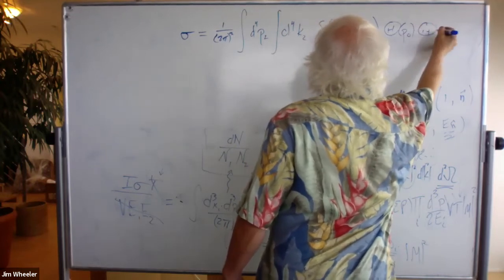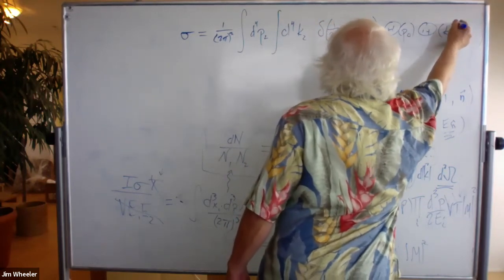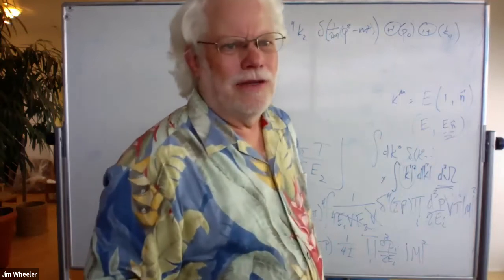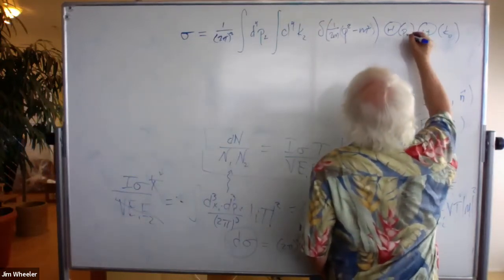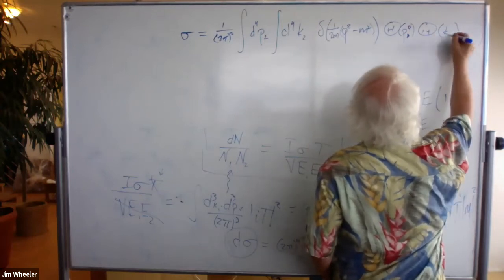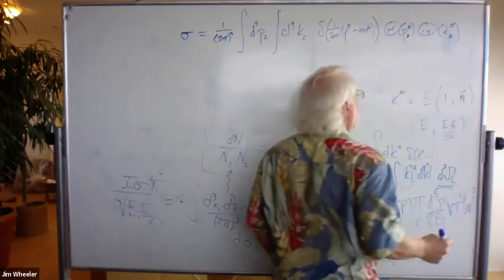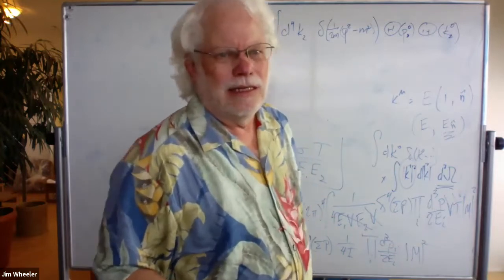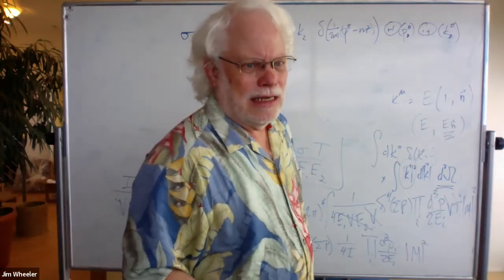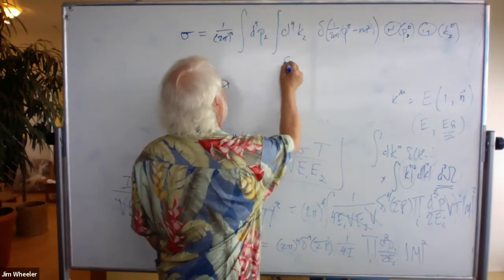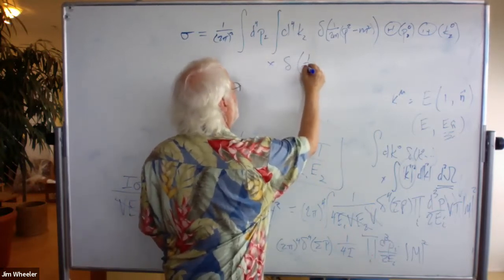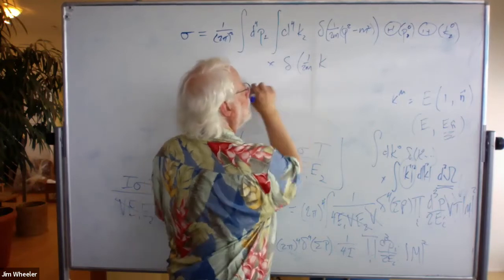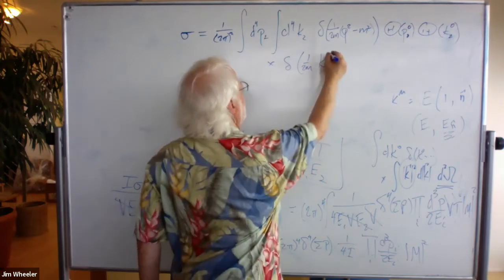So I put in step functions in the time components of these vectors. Let me write this as P2 naught. These are the final momenta of the photon and the electron. And then we have another delta function in the norm of k squared.